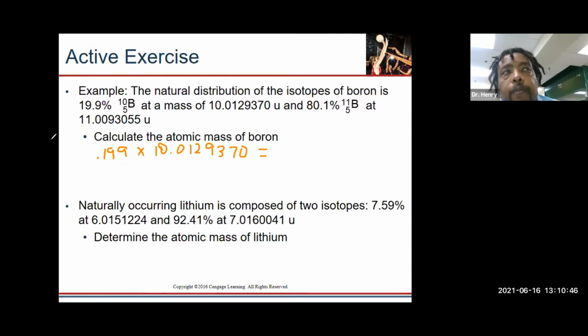For right now, we're going to keep 3 significant figures. We'll talk about sig figs later. So basically, we're going to keep 3 digits. So this guy is going to end up being 1.99.